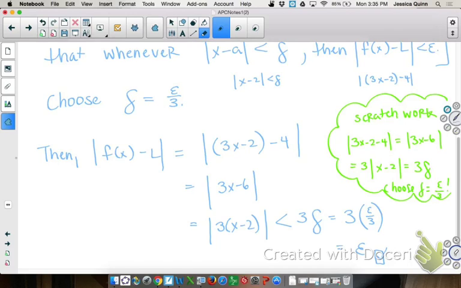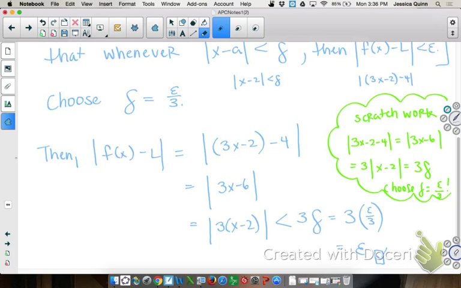So if I simplify the 3x minus 2 minus 4, that simplifies to 3x minus 6. And if I pull a 3 out of the absolute value bars, it'd be 3 times the absolute value of x minus 2. And that would have to be equal to 3 times delta, because up here we had the absolute value of x minus 2 is less than delta.